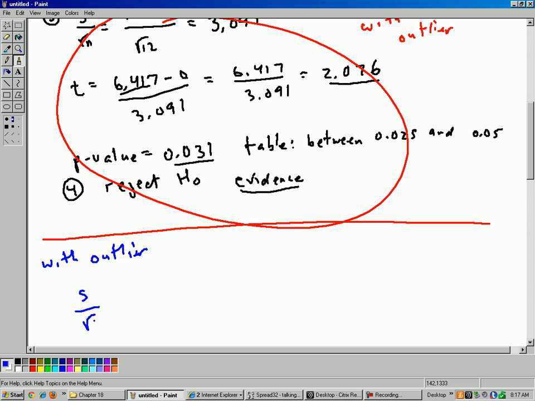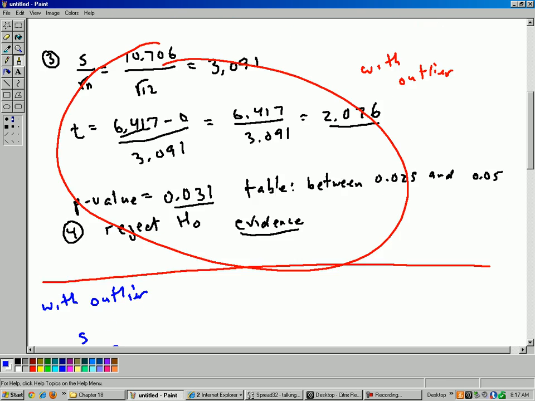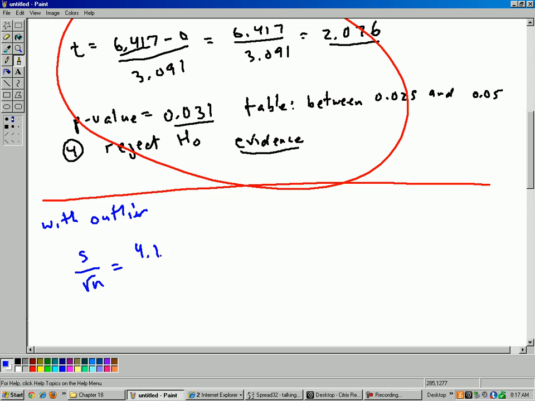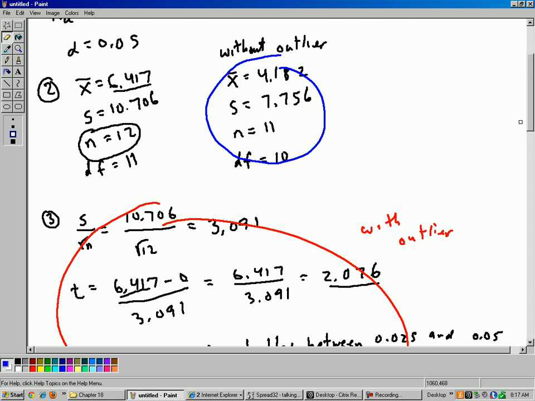So S over square root of n is now going to be... Or hold on here. Wait. Back up. Let's erase that. I'm getting ahead of myself. I'm doing my t-distribution score here. I was looking at the wrong thing. So S, pardon me, is 7.756.